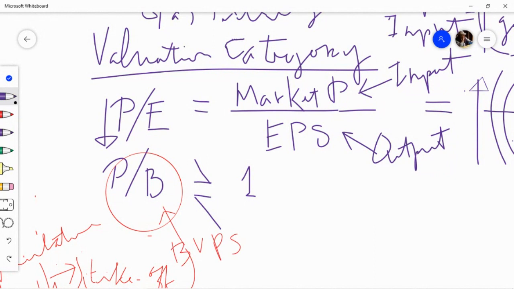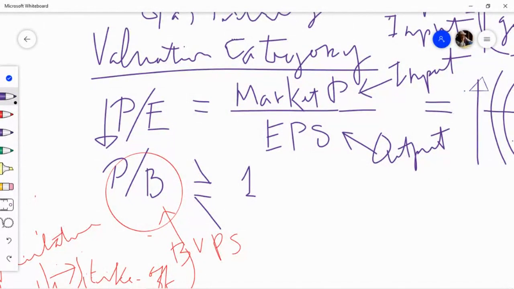So think about it. If this ratio is greater than 1, then there's a lot of positive expectation about this company, right? And if this ratio is less than 1, the market has formed very adverse, negative expectations about this company.